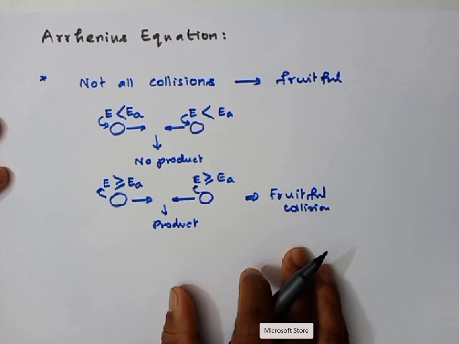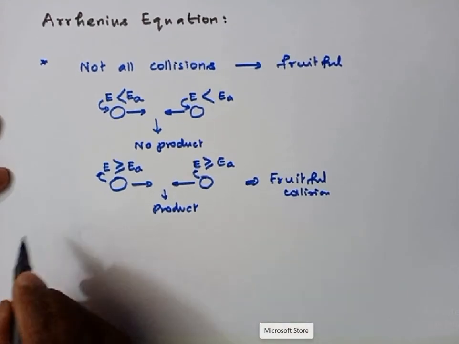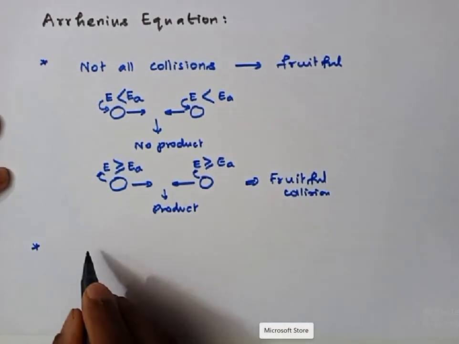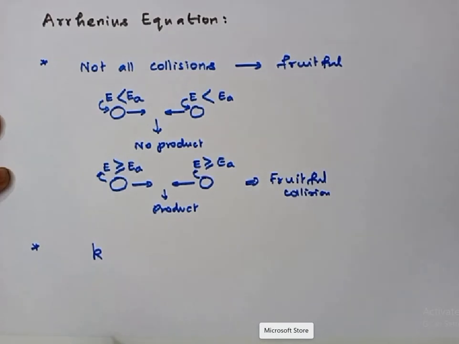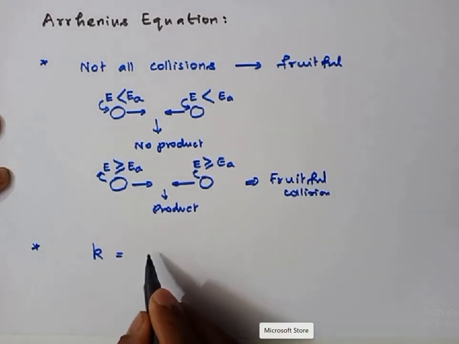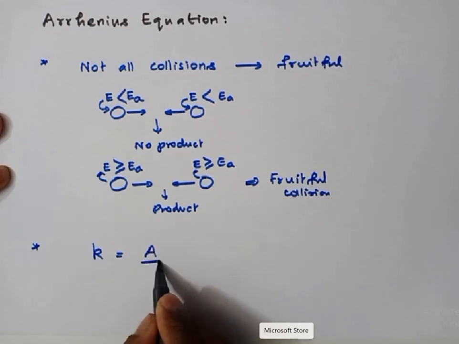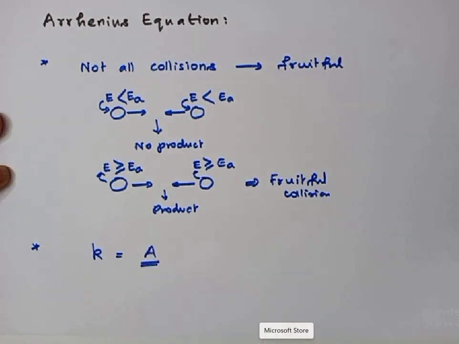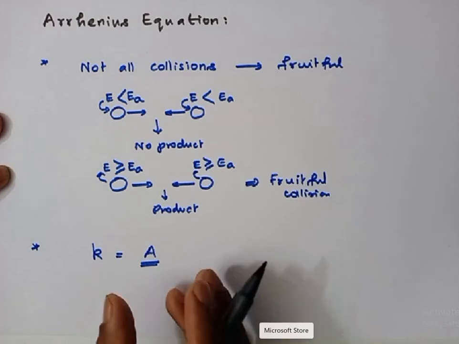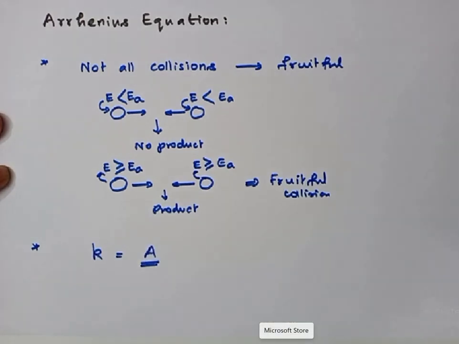So the point that we have to note here is that the rate constant of a reaction not only depends on the number of collisions. Suppose I take some term A, and this term will take care of the number of collisions.